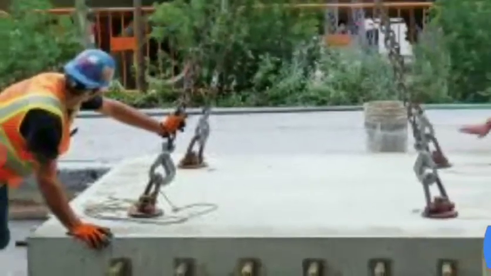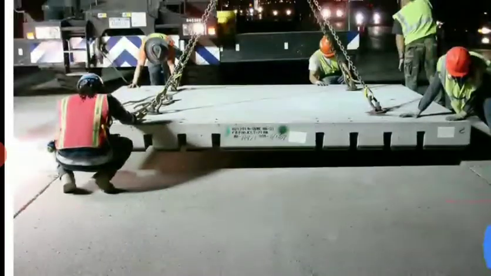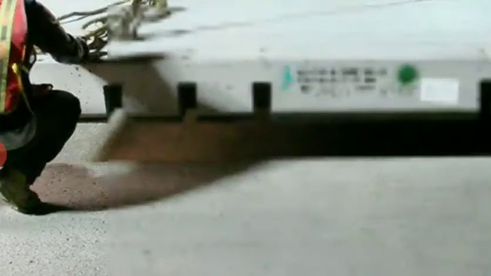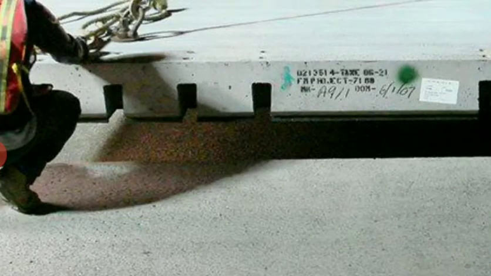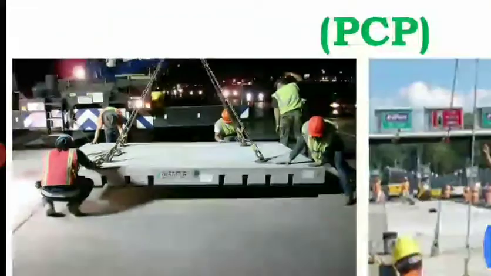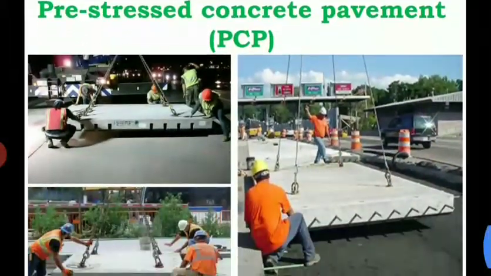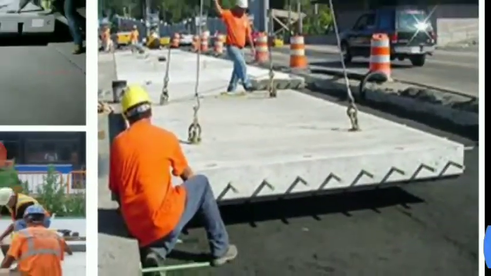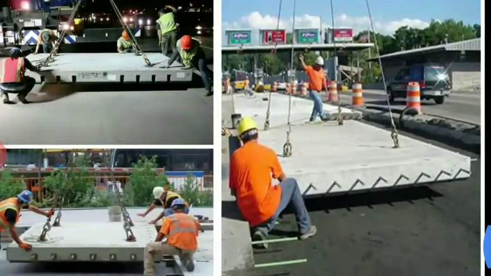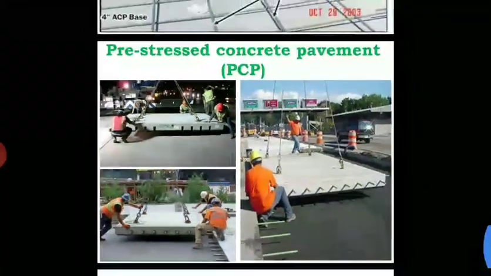Might be it is with the transverse joints. These bars are going to be fixed in this empty portion, and later whatever gap is generated can be filled by grouting materials, right? So here you can see how exactly they are going to place it at the required locations.